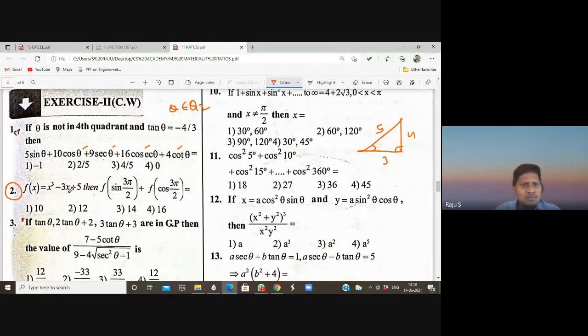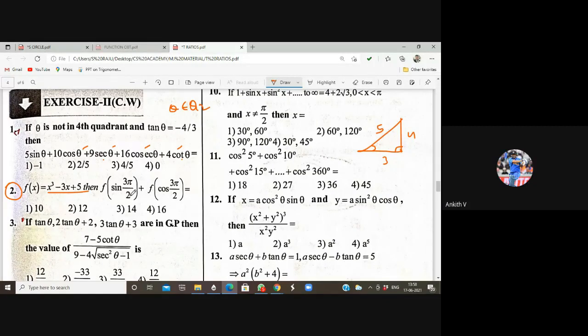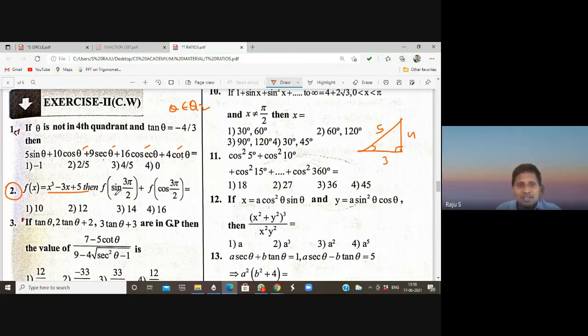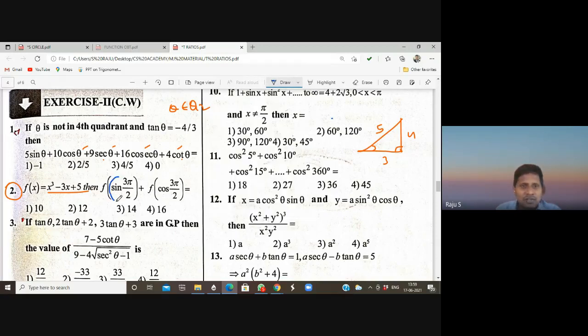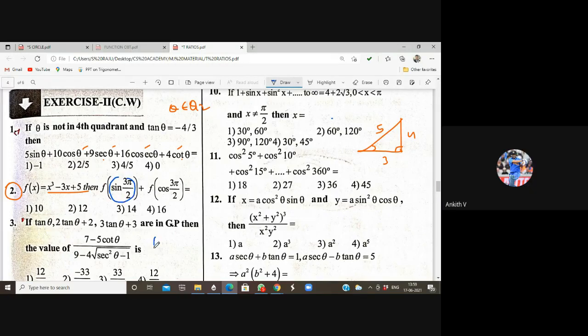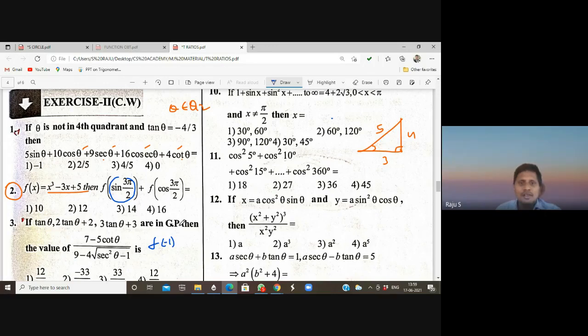If you observe the next question, it is a cubic function of x. What is sine 3 pi by 2? That is sine 270. The value is -1.